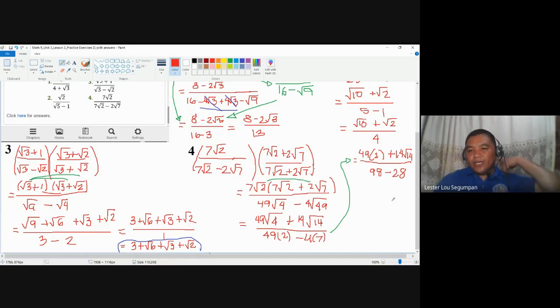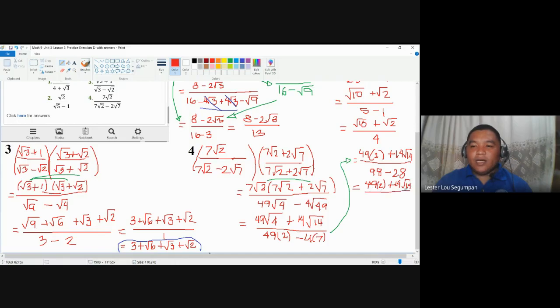Or wait for a while. We may not multiply them. Why? Because this is the next process here. So we have 14 square root of 14.